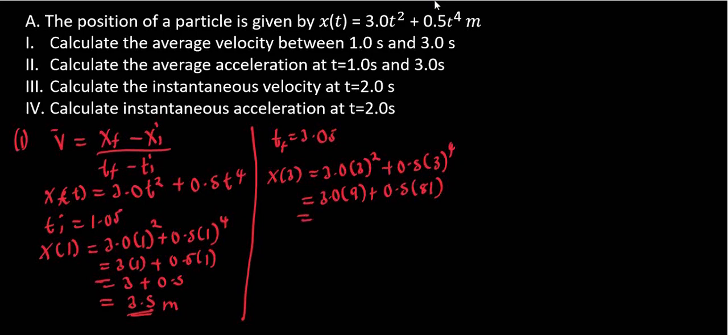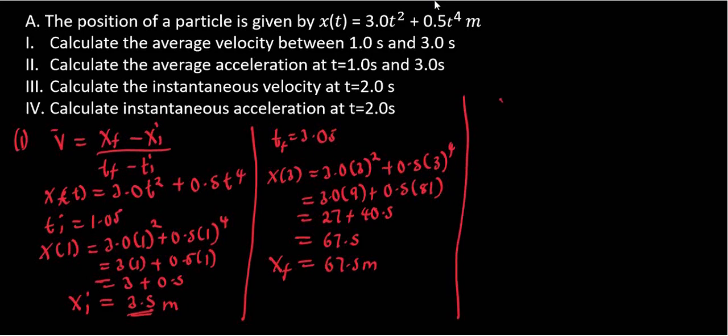Then 3.0 times 9 is 27. When you add there, it will give you 67.5 meters. That is the final displacement, and our initial displacement is 3.5.